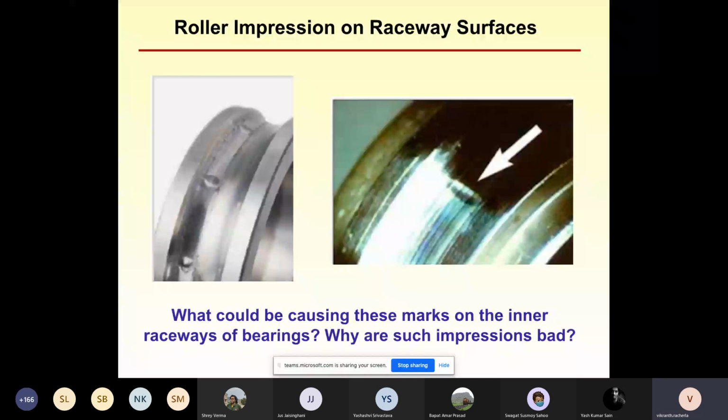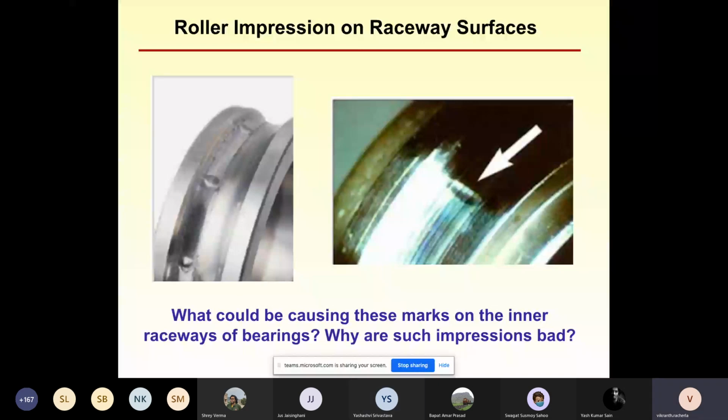If it were an issue with the loading during the movement, you should form a continuous groove. You cannot form a sort of impression. Sir, it can be due to some irregularity on the surface of the bearing. No, bearings normally go through a lot of quality checks, and the manufacturing process is such that you cannot have irregularities.